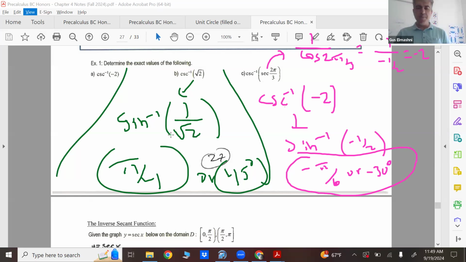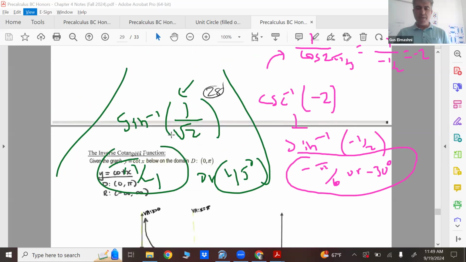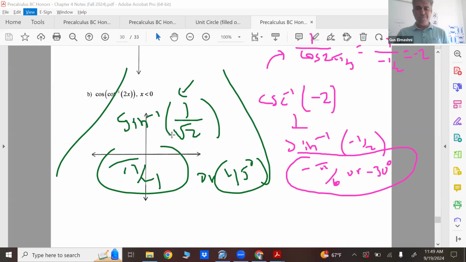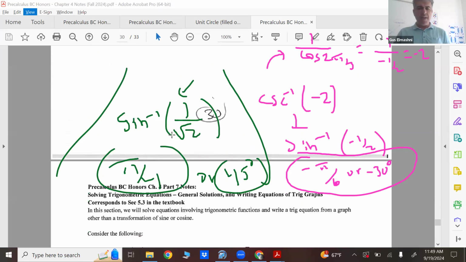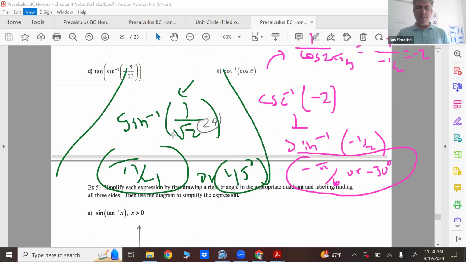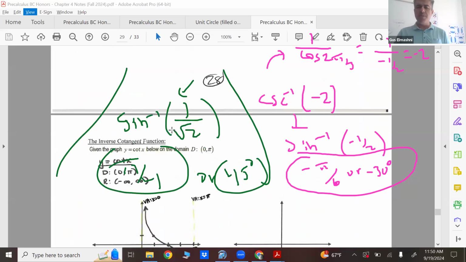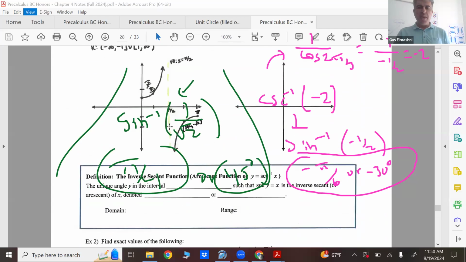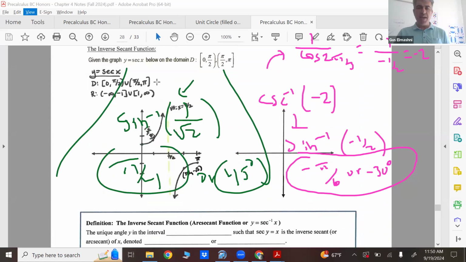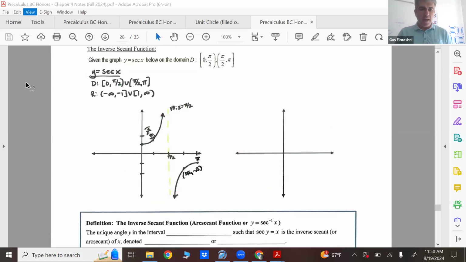Let's keep on moving. Just so I pace things, I'm not going to get to part 7 today. That's crazy. We'll save that for Monday, but we'll still do a review on Monday because part 7 is pretty short. Okay, inverse secant. Let's do that really quickly. We know everything's going to switch now.